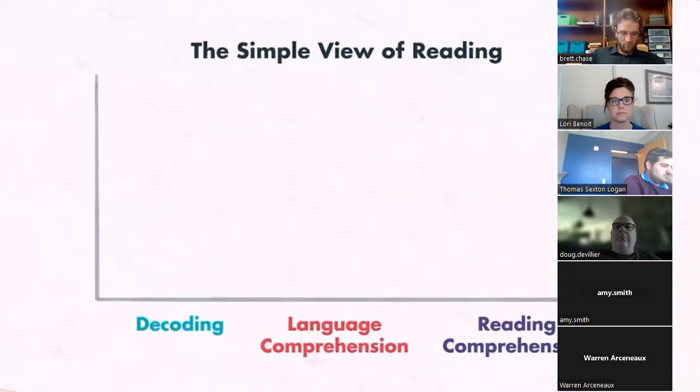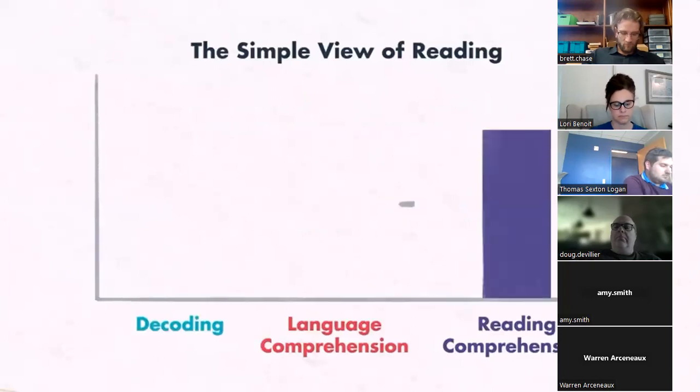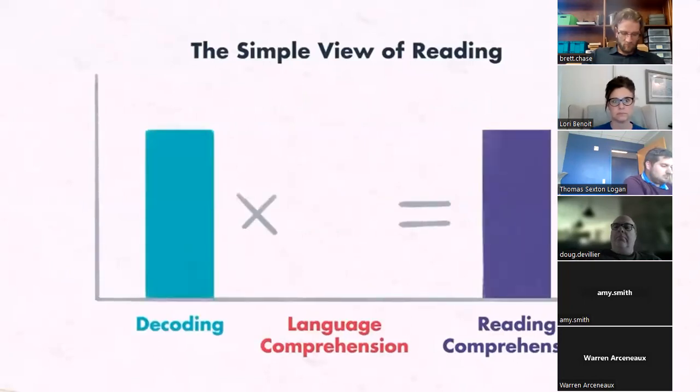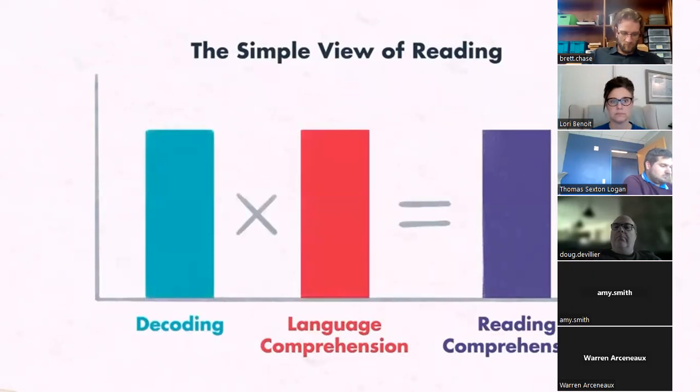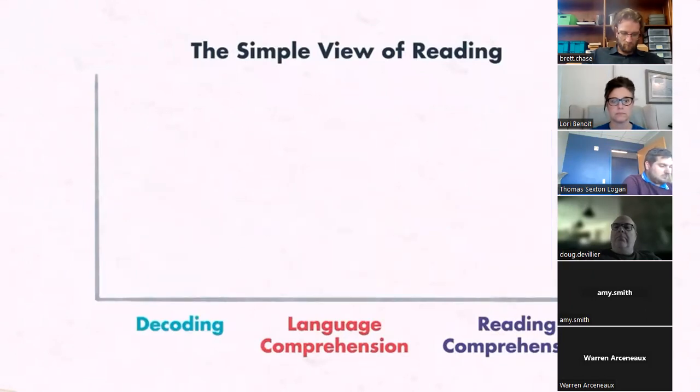The idea is this: strong reading comprehension results only when both decoding and language comprehension are strong. To illustrate this idea, let's assign values of 0 for weak and 1 for strong.